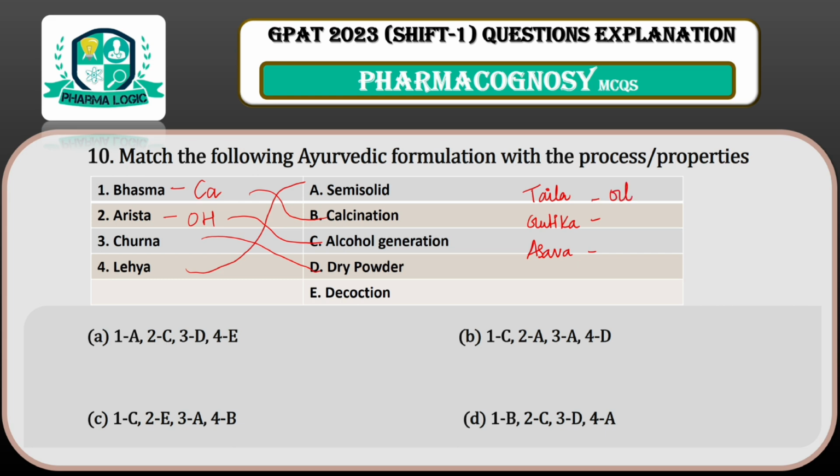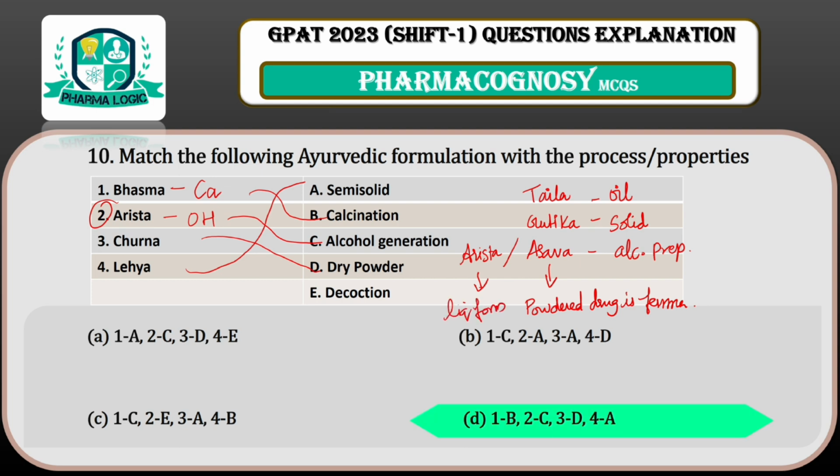Taila is an oil preparation. Gutika is a solid preparation. Asava is also an alcoholic preparation, but it differs from Arista. In Asava, the powdered drug is fermented. In Arista, it is in liquid form. Okay. Then option D.